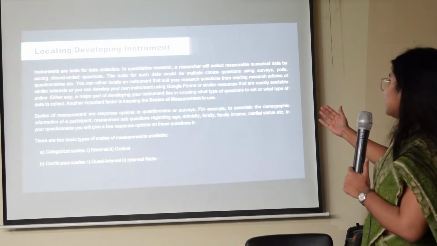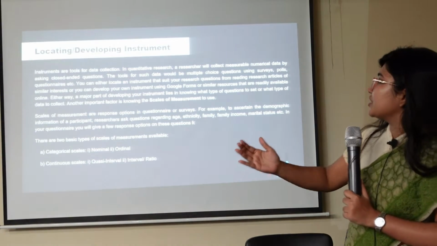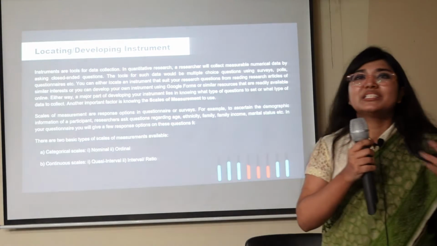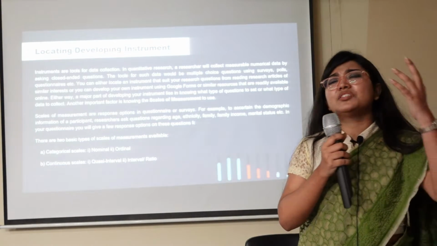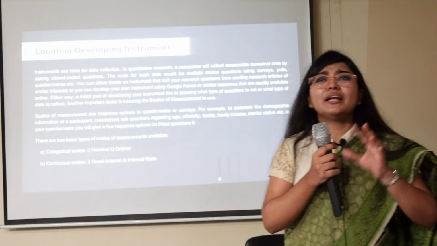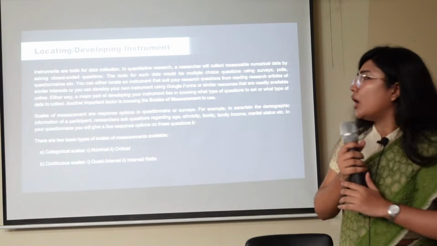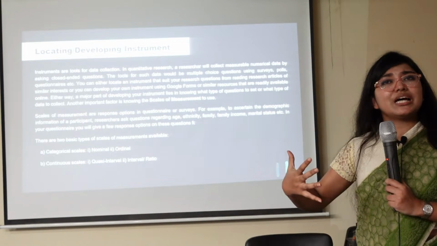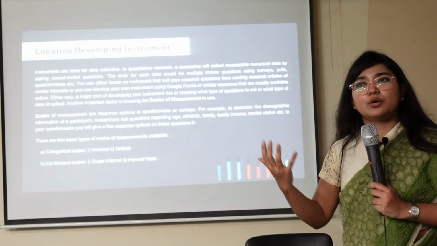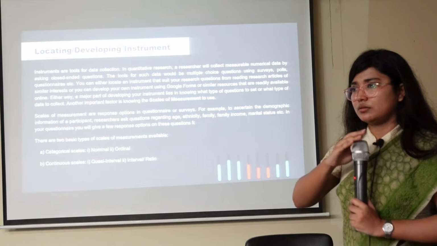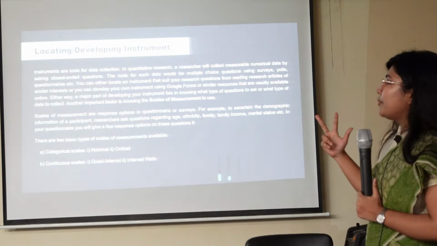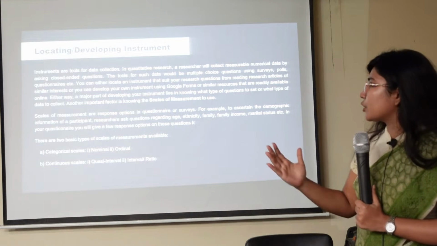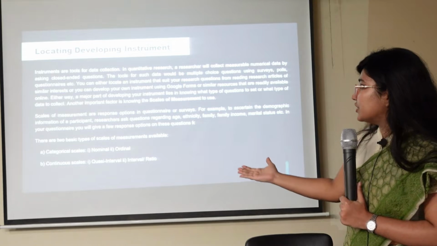Alright. So, for example, to ascertain the demographic information of a participant, researchers ask questions regarding that participant's family, income, how many children they have, and personal information. So it creates a demographic chart in the researcher's mind before they go into the actual data. Okay. So there are two basic types of scales of measurement, categorical scales and continuous scales.